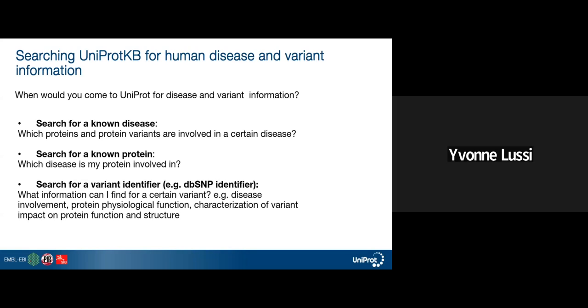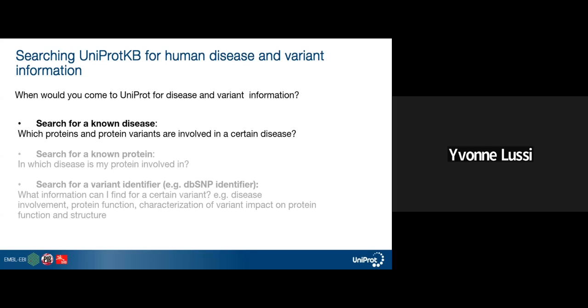And the third is to search for a specific variant with its variant identifier, for example, its dbSNP identifier. And I will show you how you can find information about this variant, for example, disease involvement, the physiological function of the protein carrying this variant, and potential characterization of the variant impact on protein function and structure.